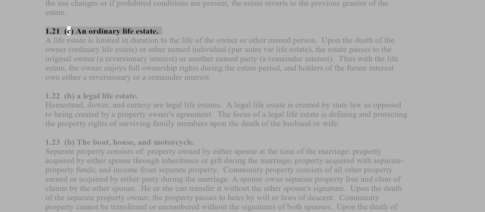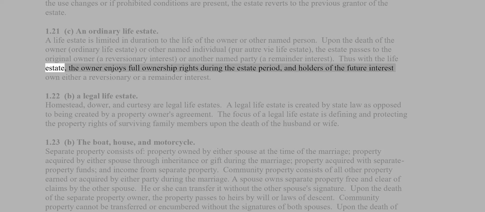1.21 C. An ordinary life estate. A life estate is limited in duration to the life of the owner or other named person. Upon the death of the owner (ordinary life estate), or other named individual (pur autre vie life estate), the estate passes to the original owner, a reversionary interest, or another named party, a remainder interest.